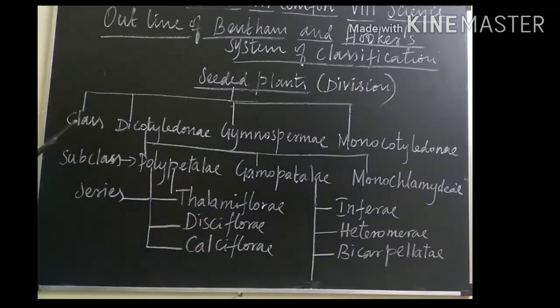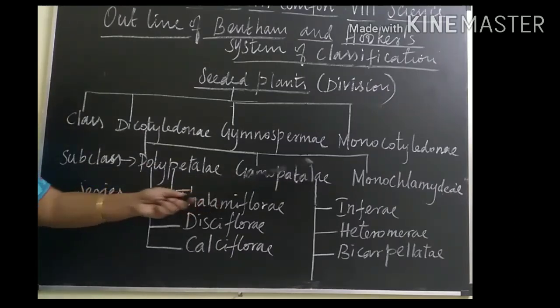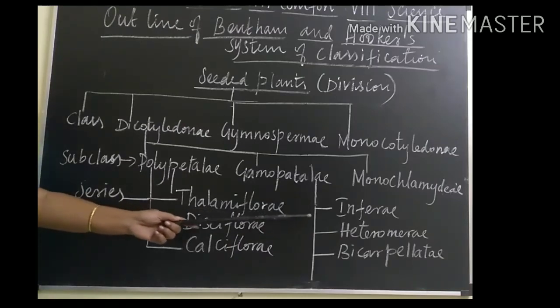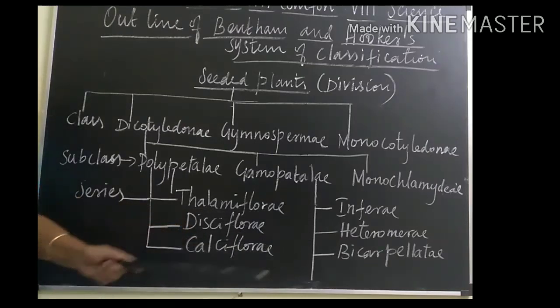Again children, class Dicotyledonae, Gymnospermae, Monocotyledonae, subclass Polypetalae, Gamopetalae, Monochlamydeae, then series Thalamiflorae, Disciflorae, Calyciflorae, Inferae, Heteromerae, Bicarpellatae.